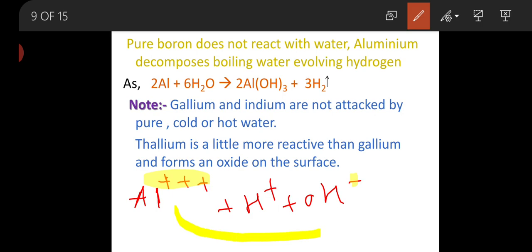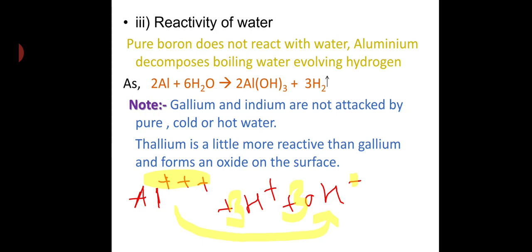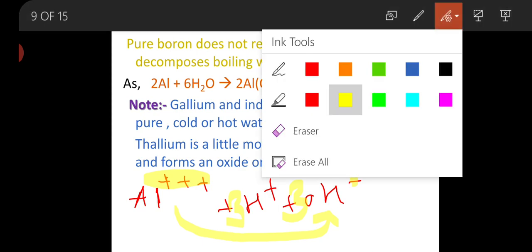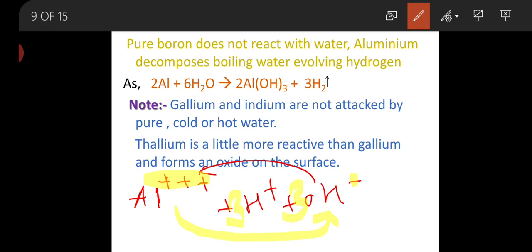Obviously aluminum shows attraction toward the OH minus ion, meaning it gains the OH minus ion, but as the valencies, minus 1 and plus 3, are not balanced, to balance this reaction it requires 3 moles of OH. So 3 moles of OH minus ion combine with aluminum to form Al(OH)3, as per the balance.